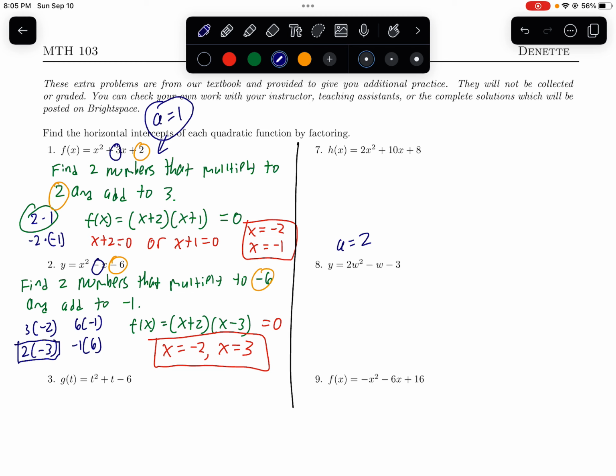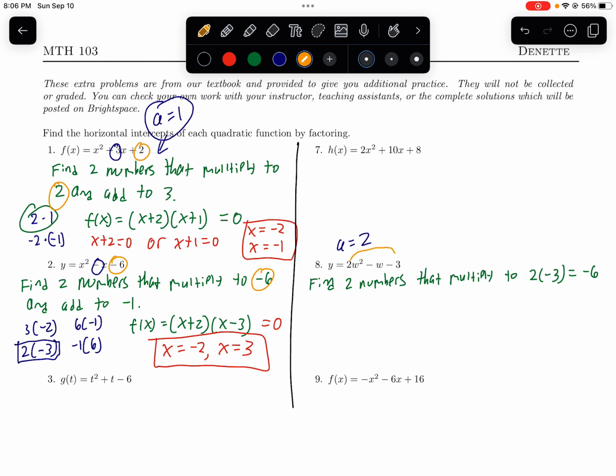So rather than finding two numbers that multiply, here it would be -3, and here it would be -1, what we're actually going to do is find two numbers that multiply to 2 times -3, which is -6. This is called the AC method.